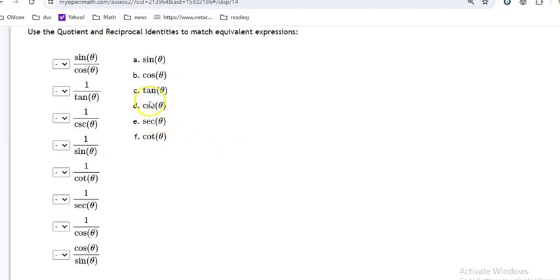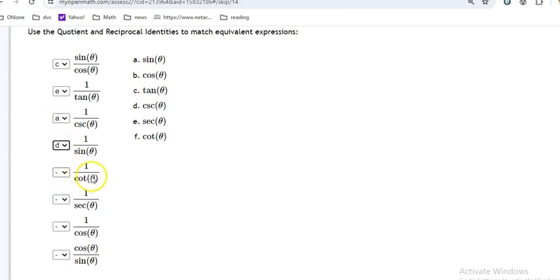So let's go look at this. Sine over cosine is tangent, that's C. 1 over tangent is the reciprocal, cotangent. 1 over secant should be with cosine, right? And 1 over sine is cosecant, we just talked about it.